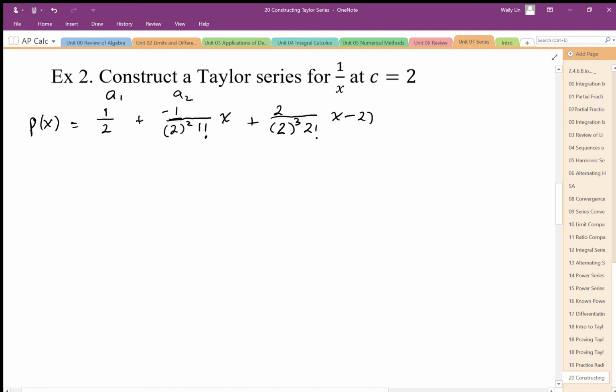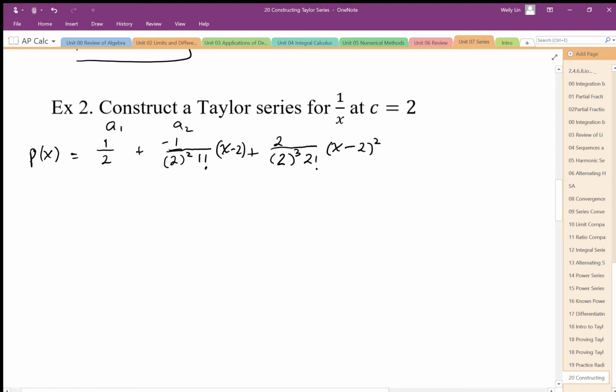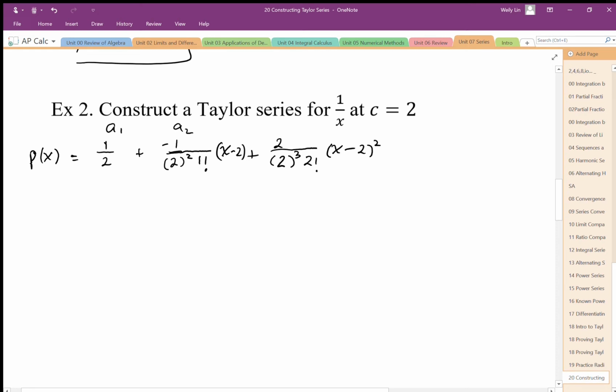Now, I forgot to do this in my last one, but I have to remember to center it at 2. So we have to make sure that that power series is centered at 2. I should renumber these. Let's call that A0, A1, A2. Okay, so I'm going to move on to A3.